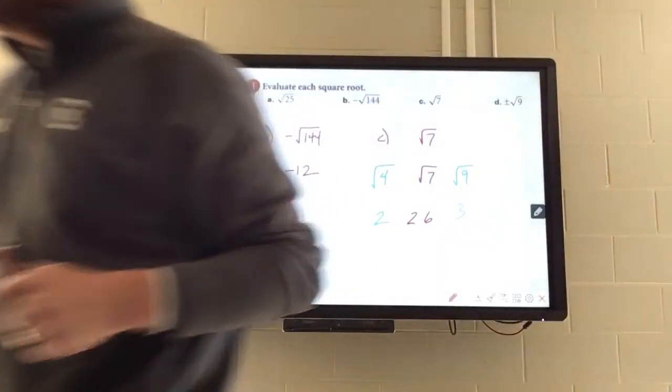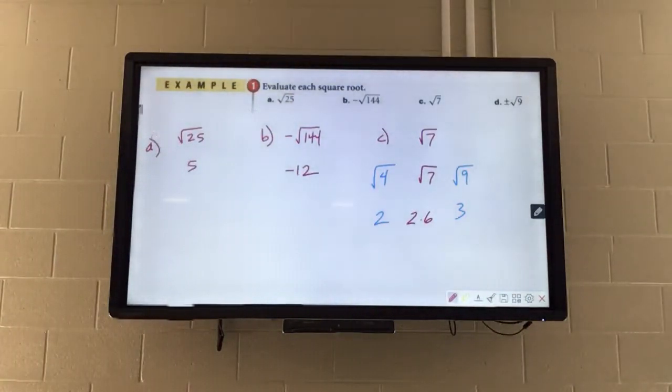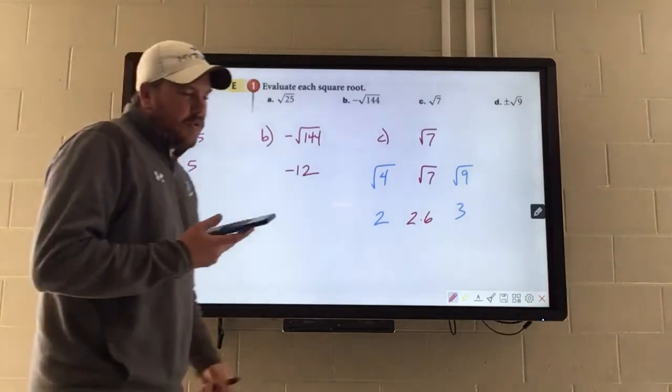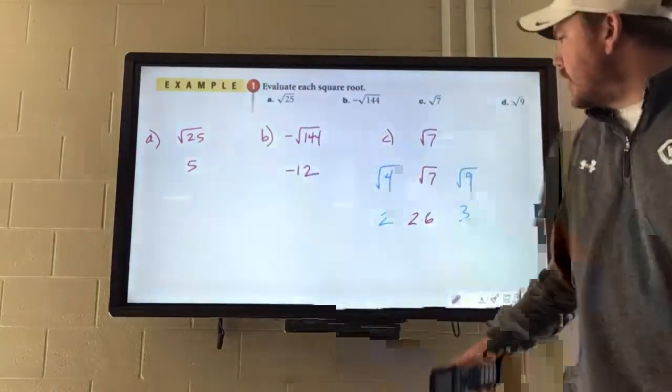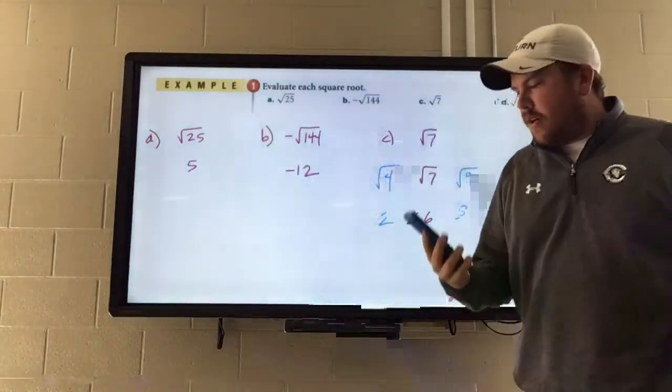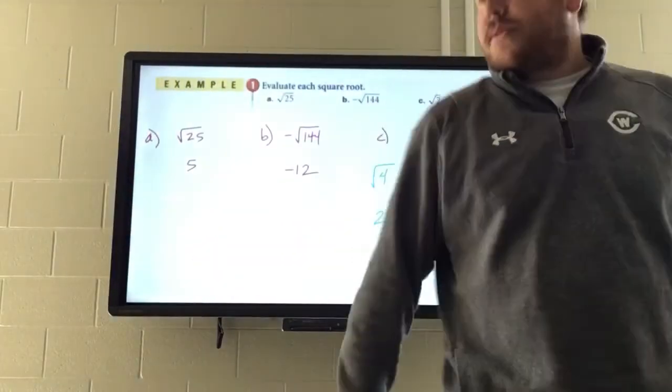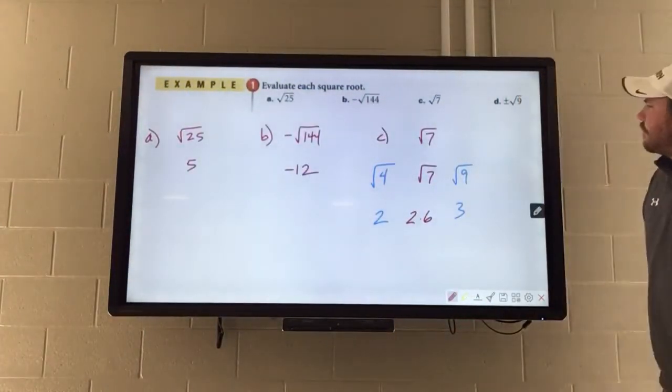Let's see what our calculator gives us. Now, there are ways to get closer. All right, we can start estimating and multiplying them together. But just to give a general estimation, we're going to call this good for now. So we ended up getting 2.64, so we were pretty close. So that's how we estimate a square root.